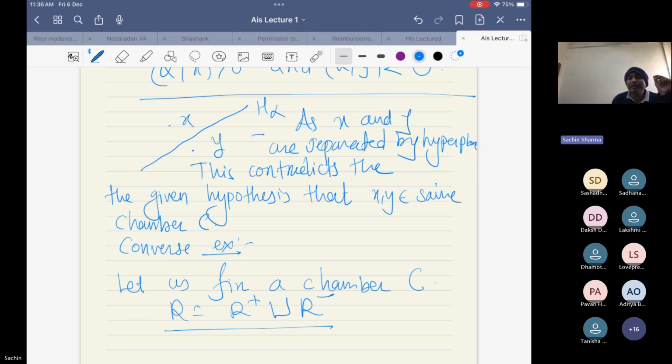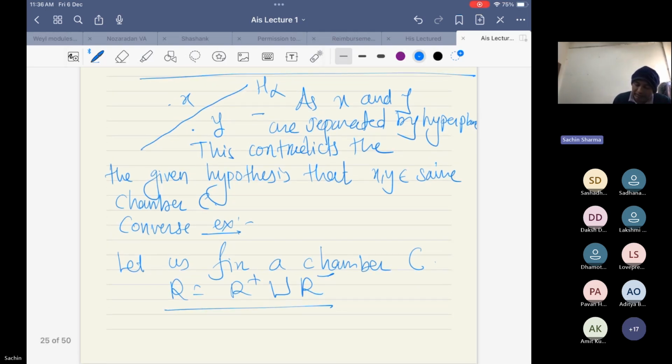This C is fixed here, so this is R plus of C or R minus of C. By our last result, R plus of C makes this definition true because R plus of x is equal to R plus of y for any element of C. So that makes this definition well defined.